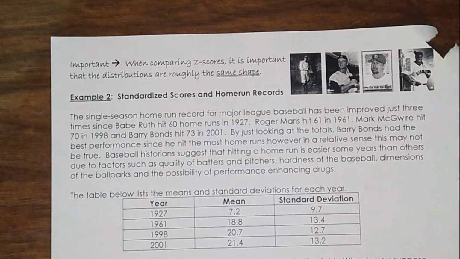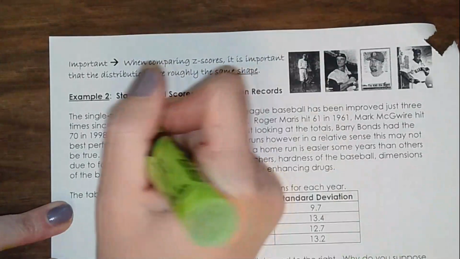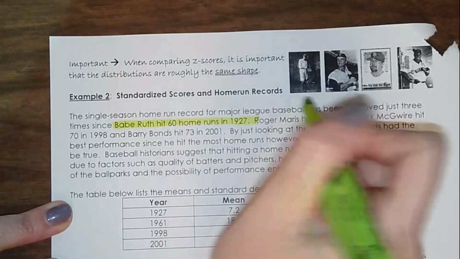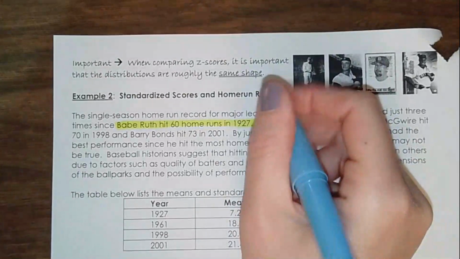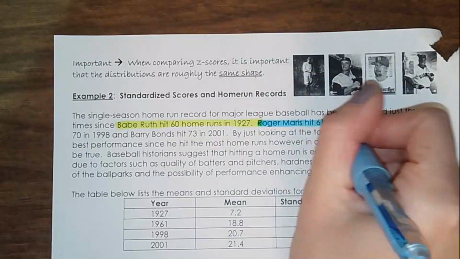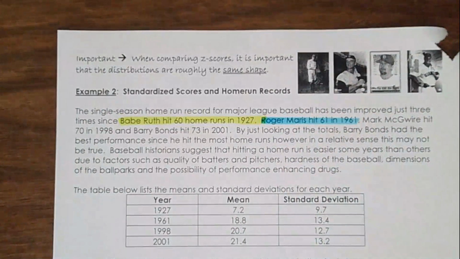I guess we just started Major League Baseball season, so here we go. The single season home run record for Major League Baseball has been improved just 3 times since Babe Ruth hit 60 home runs in 1927. Then it wasn't until 1961 that Roger Maris beat that record with 61 home runs.